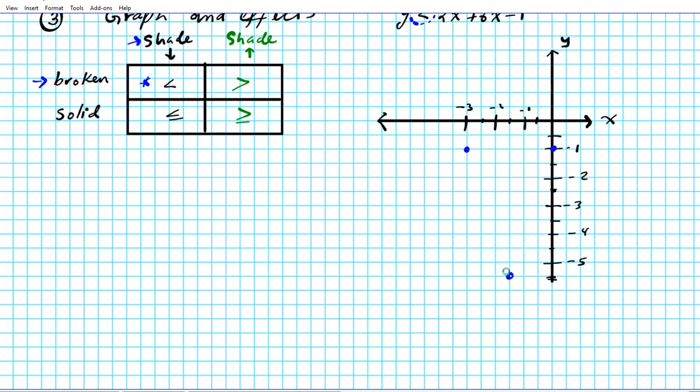So let's sketch our broken parabolic curve, past the y-intercept, and then the other one, right there, and through the other point as a mirror of the y-intercept.